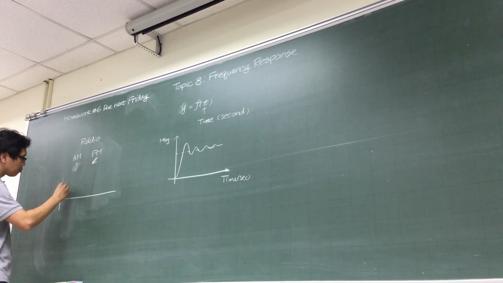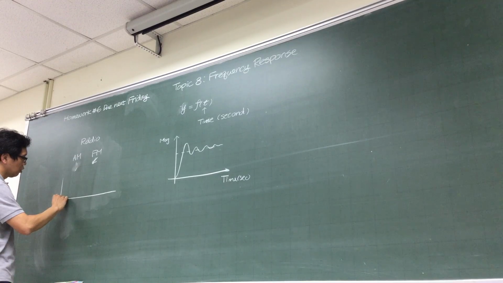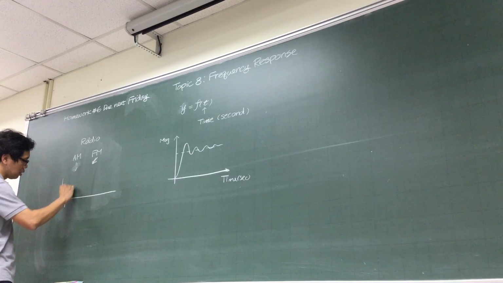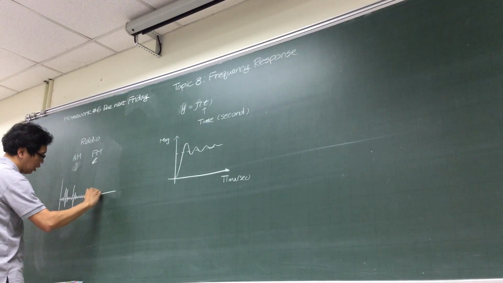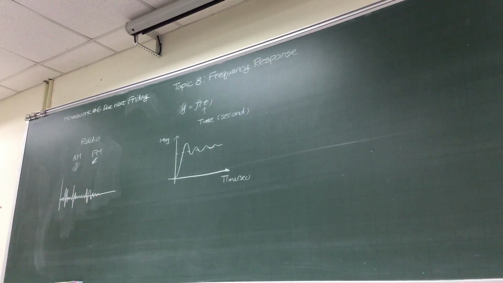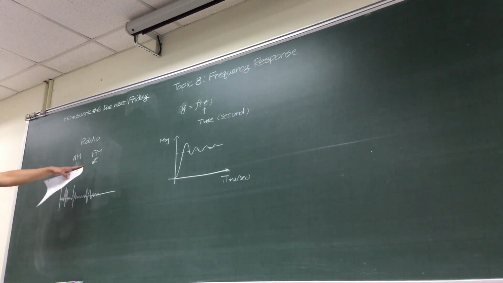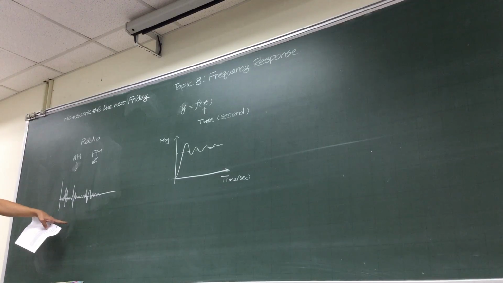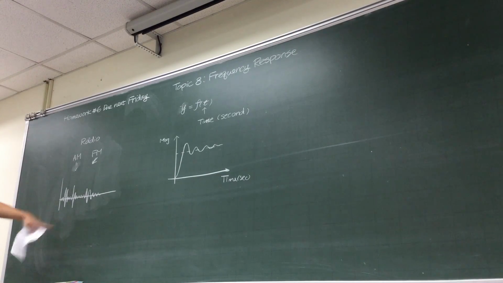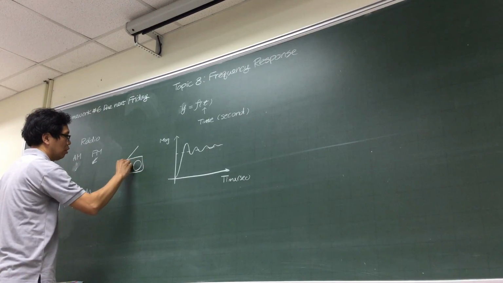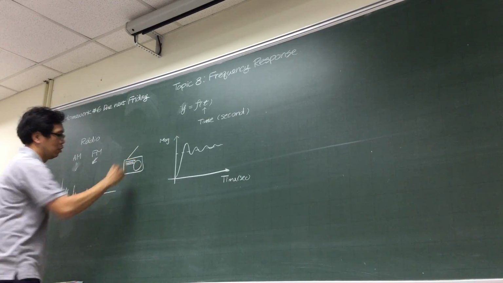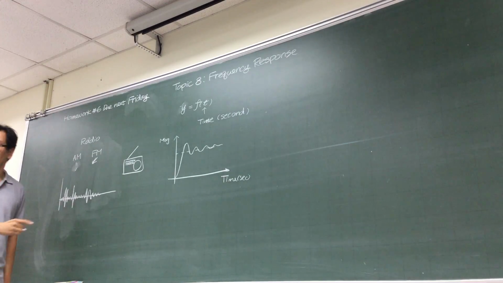If you listen to the music, if you put it as a time series, use a scope to visualize what's going on with the waveform of a song. It looks like this, right? But if you are using your radio, what do we have?